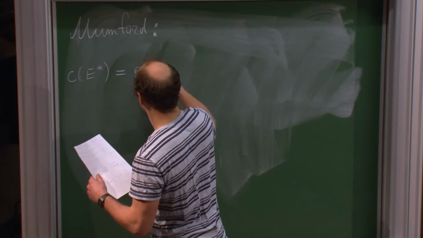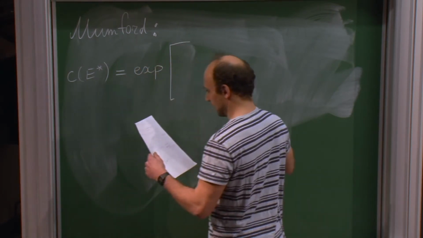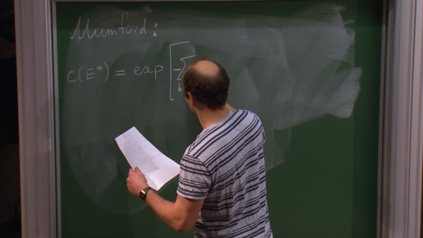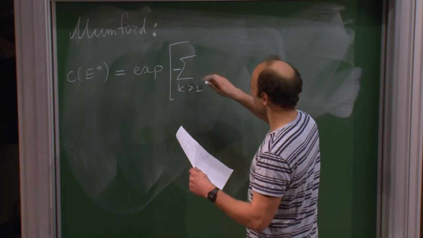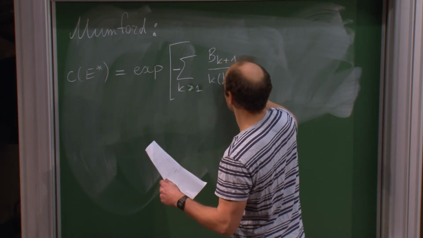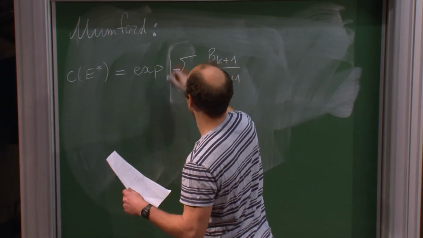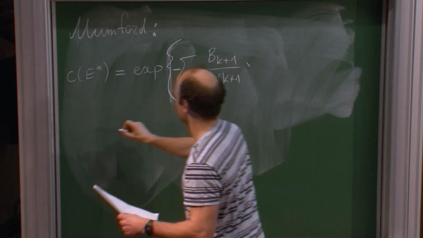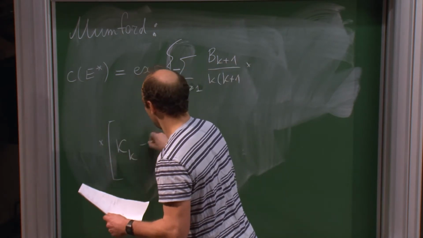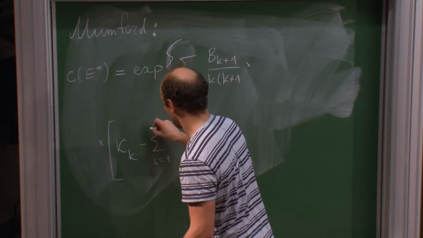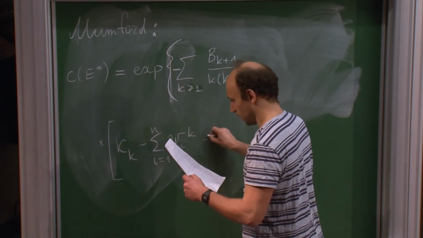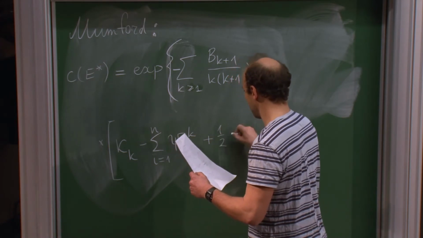So it's the exponential of minus the sum over k greater than or equal to 1 of B_{k+1} over k(k+1), I'll write it like that, times the class kappa_k minus the sum for i from 1 to n of psi_i to the power k, plus 1/2 delta.